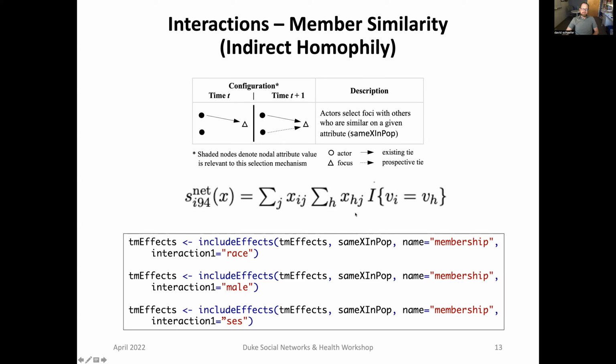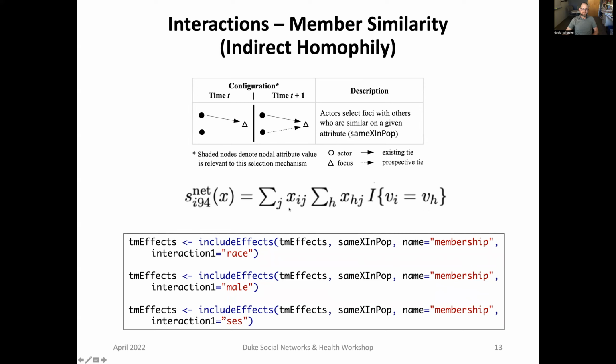And so we're representing that with, again, the formula here. If you're not familiar with this latter half here, what we're looking at is, does the attribute of actor I match the attribute of actor H? So one actor is I, one actor is H. Do those match? If they do, this is a 1. If they don't, this is a 0.